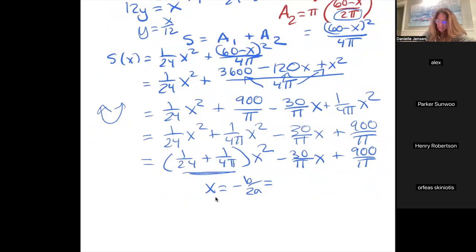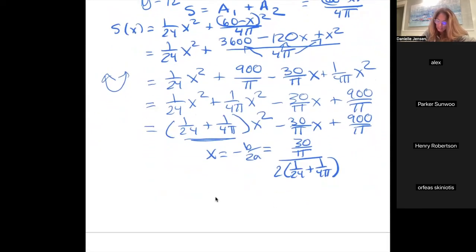So negative b, that's going to make 30 over pi positive, over 2 times 1 over 24 plus 1 over 4 pi. Okay, so this will be 30 over pi, and then 2 I can distribute through. So 1/12 plus 1 over 2 pi.